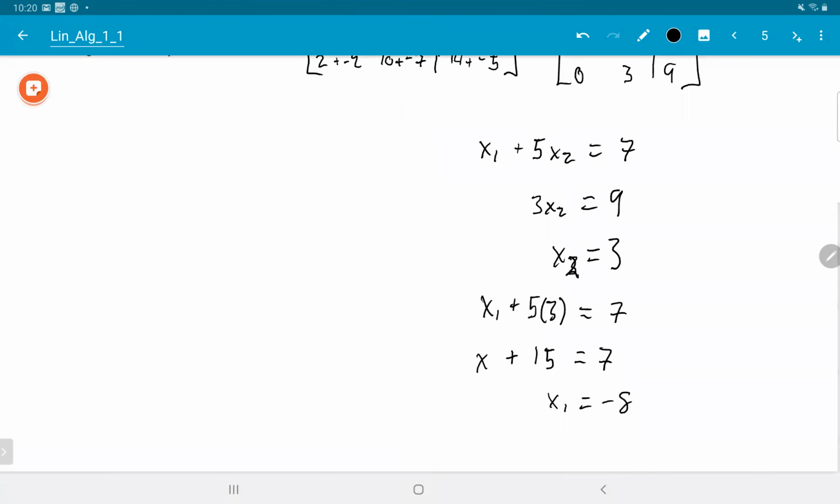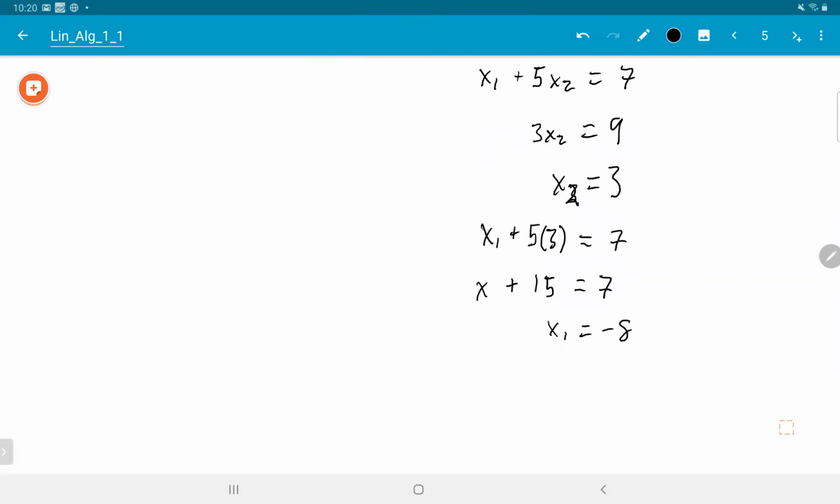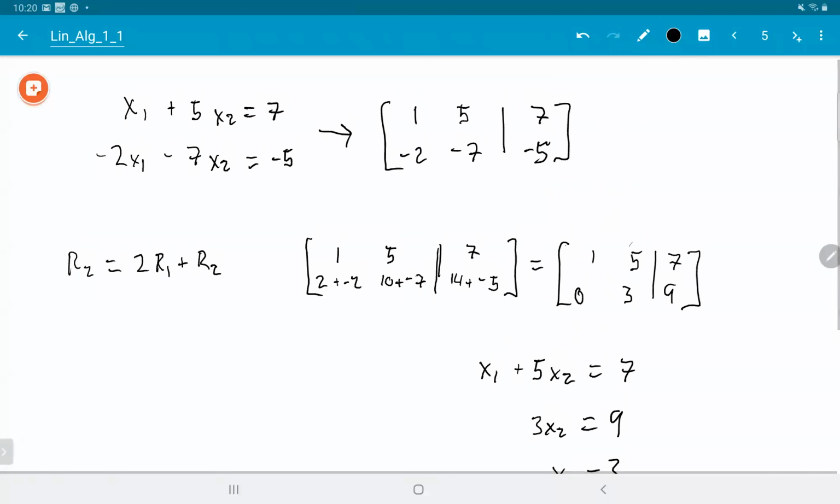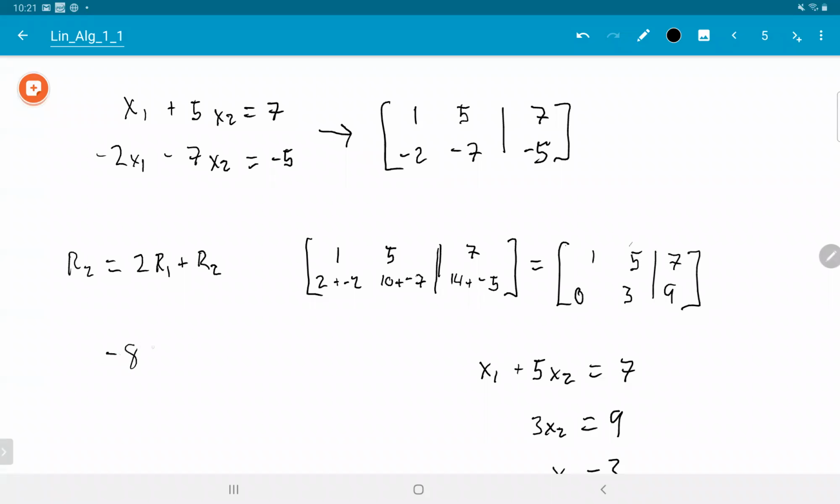So our solution is x1, x2 equals -8, 3. And it's always a good idea to check your answer by plugging this back into the original equation, or both of the original equations. So we'll do that here really quickly. We've got -8 plus 5 times 3. Well, that is what we just saw.